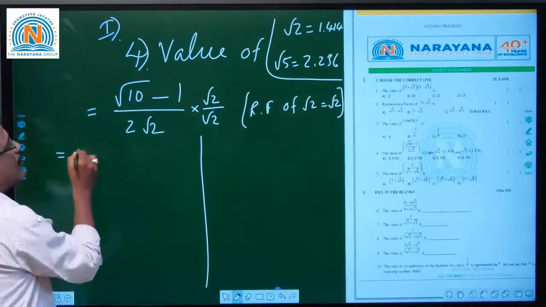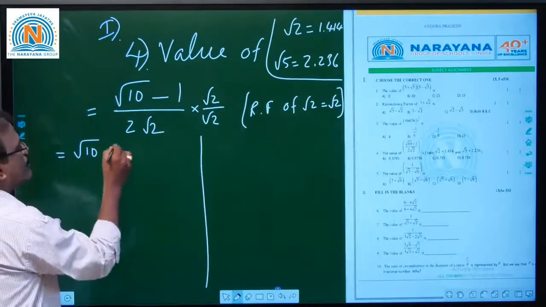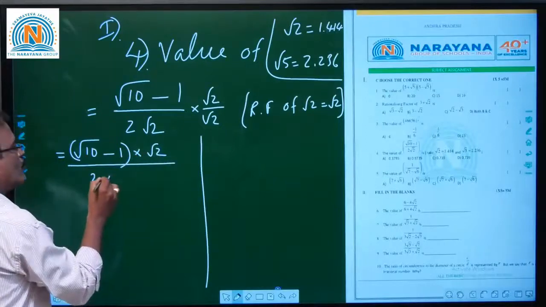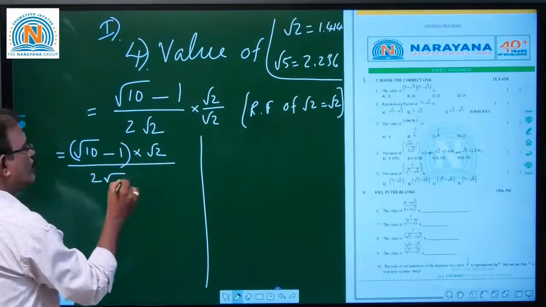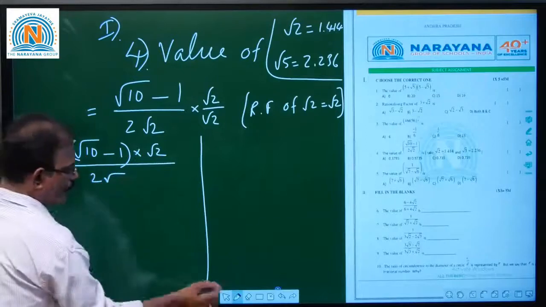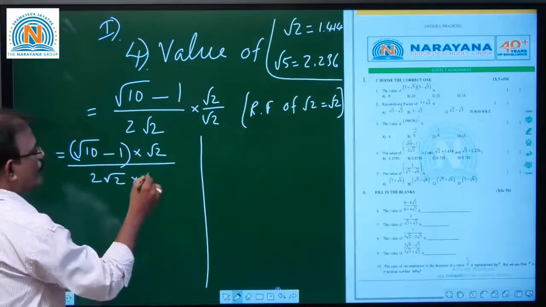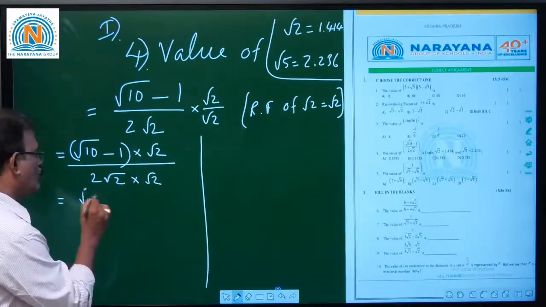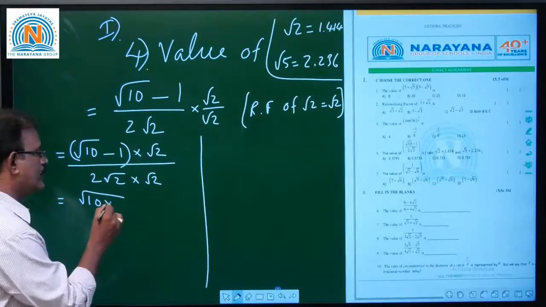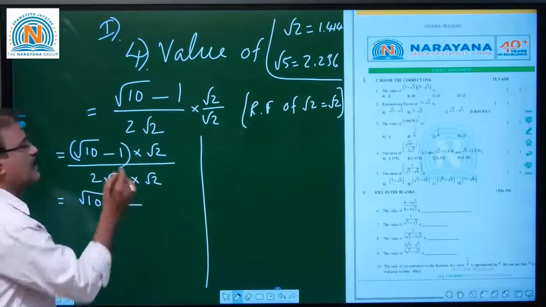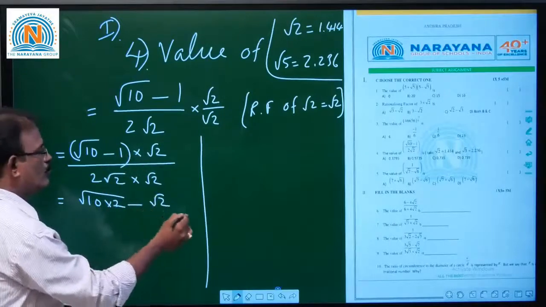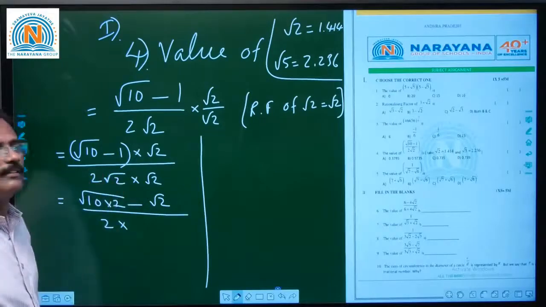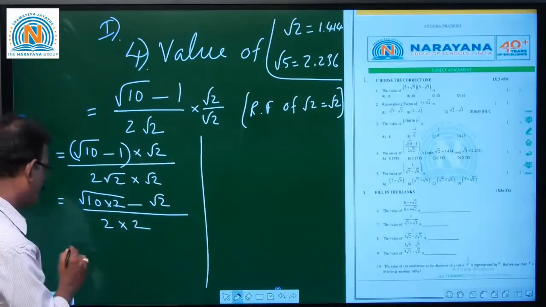This is (root 10 minus 1) into root 2 by 2 root 2 into root 2. Now root 10 into root 2 is root of 10 into 2, minus 1 into root 2, over 2 into root 2, children, the roots getting cancelled.